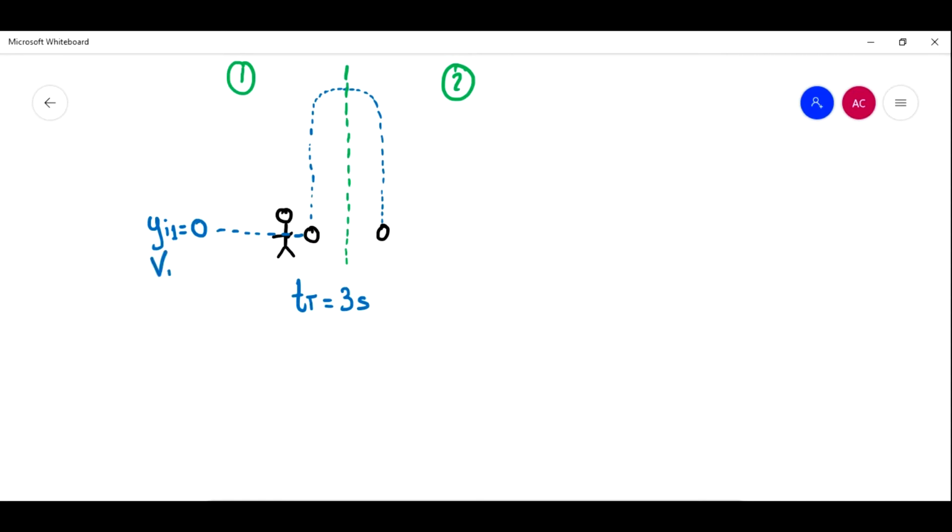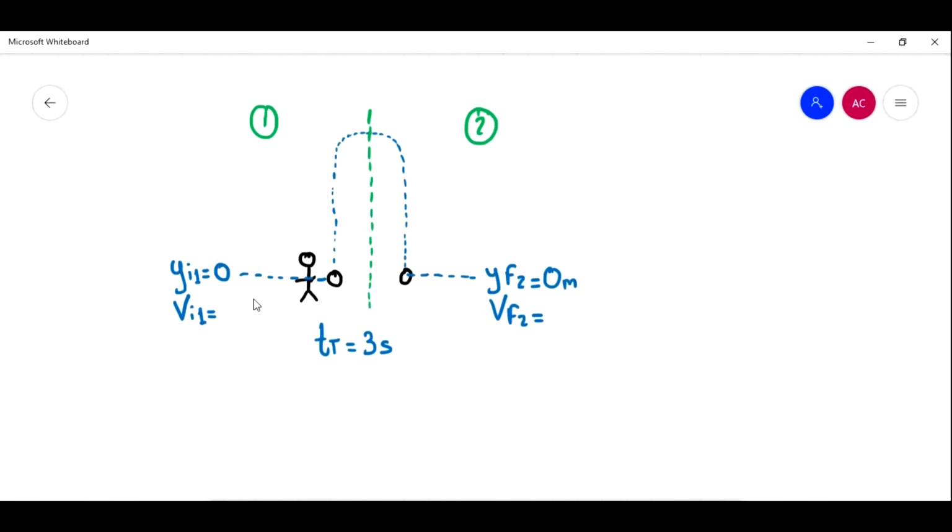This is the initial velocity of segment 1, which I don't know. Also, this is the final position of segment 2, which in this case is 0 because that's where the motion starts. And this is the final velocity of segment 2, that in this case I don't know, but it's going to be the negative of the initial velocity of segment number 1. Just remember that, please.